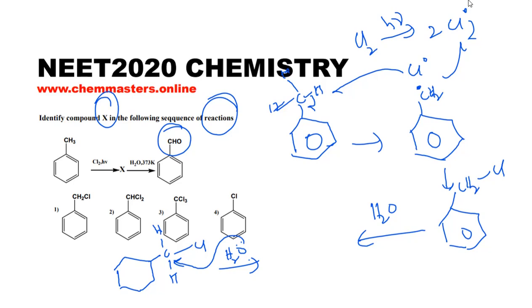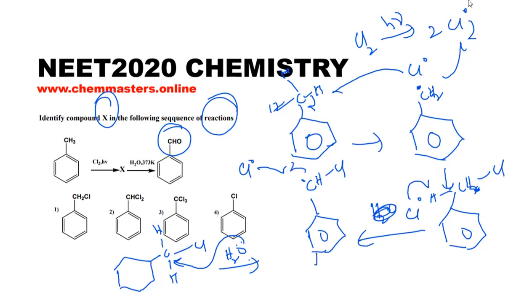So that is simply done by taking up another chlorine radical. So here is the hydrogen. By taking up another radical, it produces a CHCl radical, and then CHCl2, dichloromethyl.